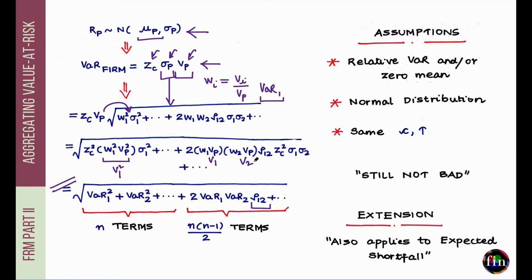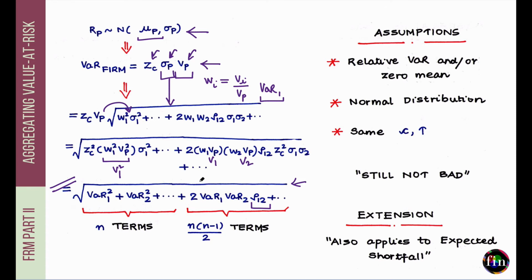Now this is the formula that we were aiming at. This formula looks like the standard deviation formula from portfolio theory, for the standard deviation of a portfolio. I mean the standard deviation of returns of a portfolio. But the only thing different here is there are no weights, because we are already working with dollar numbers.